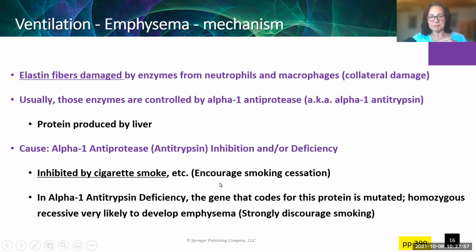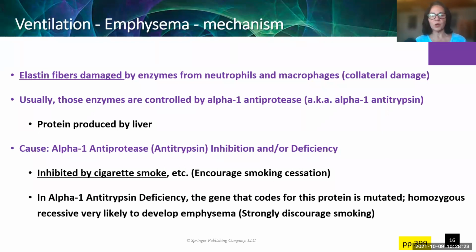So stop smoking, very important. Okay, then I mentioned it's not just inhibition, it could be deficiency. This protein just may not be being made. The disorder is alpha-1 antitrypsin deficiency. The gene that codes for that protein is mutated.